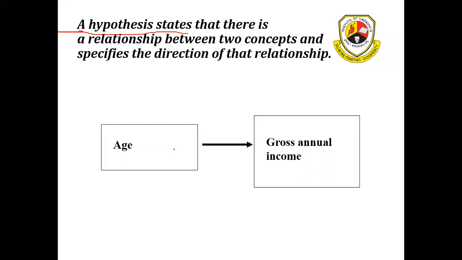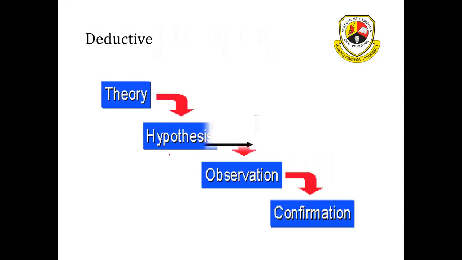Someone might say, the older you grow, the higher your income, your gross annual income rises. And someone may carry out a research to find out if that is true. And they may test the hypothesis and find out yes or no.